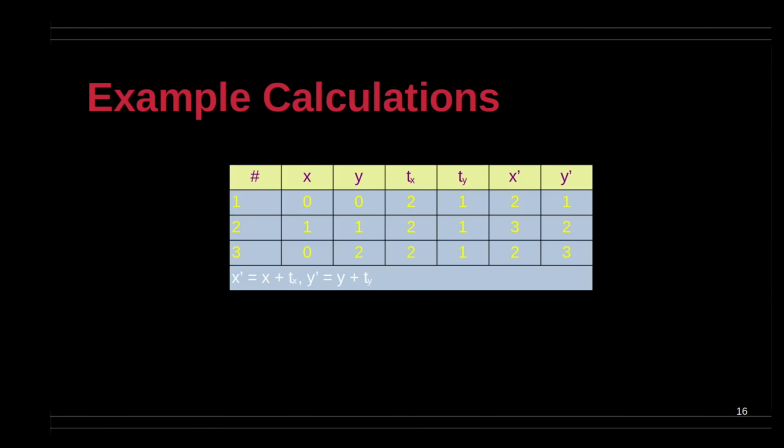The numerical values of the new points are shown in the 2 columns on the right of the table. The new points are 2, 1, 3, 2, and 2, 3. We added the value 2 to the x-coordinates of the original points and the value 1 to the y-coordinates to derive the new coordinates of the points.